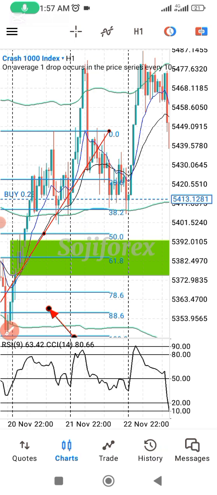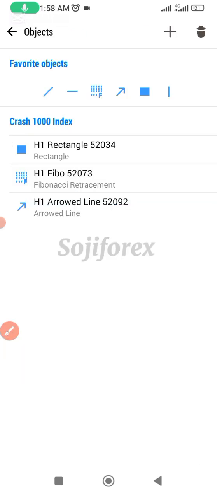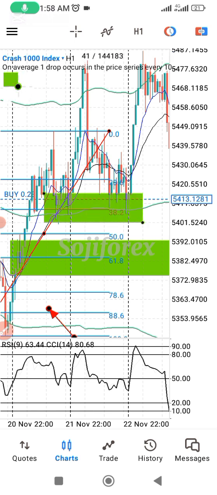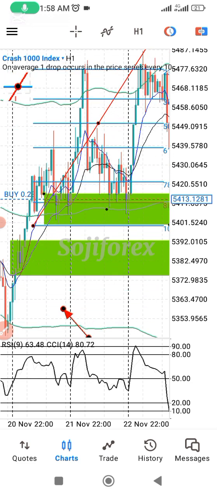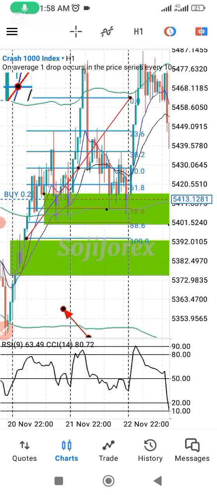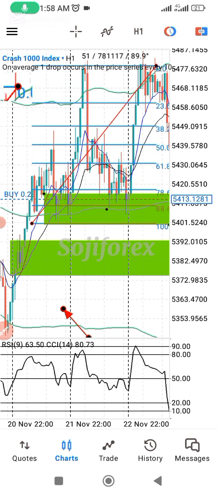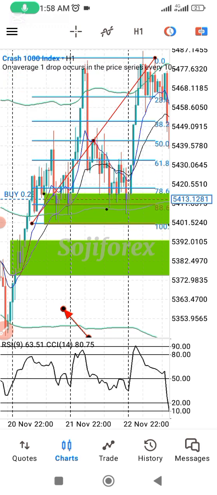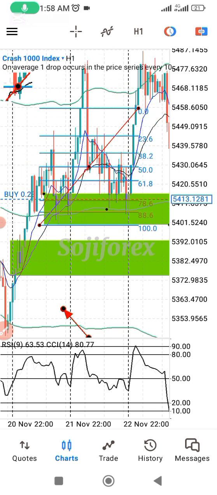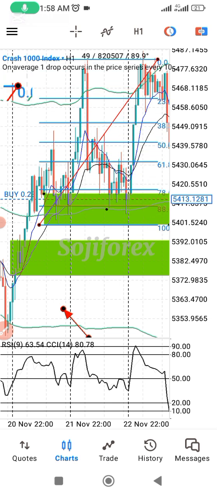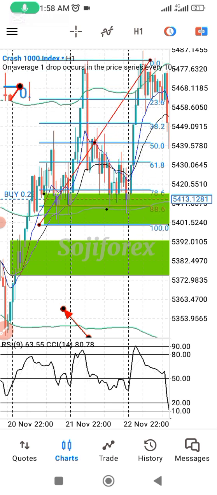So I picked up my tools and I marked out this particular order block. When price left, I positioned my Fibonacci this time to this point, waiting for price to pull into that zone, and true to it, price pulled back to that zone.